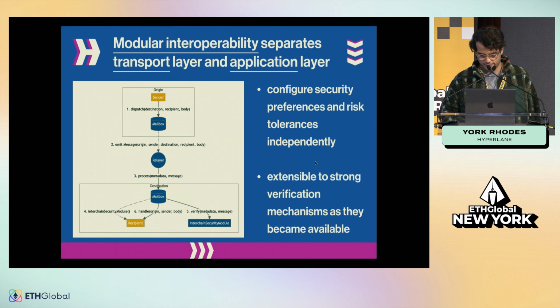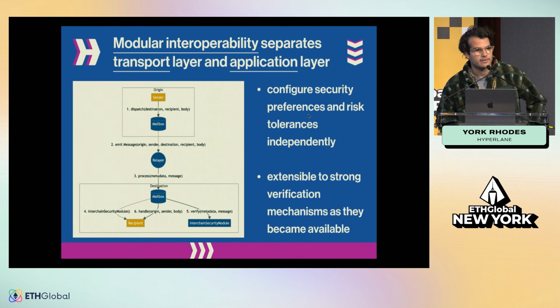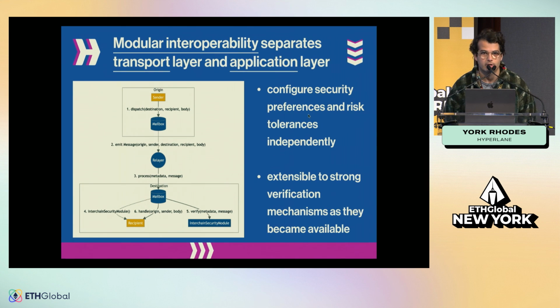Just to zoom in quickly, the security preferences that the application developer can express are actually a function of message content. And something I'm excited about personally is this L2 to L2 interop use case, without forcing users to go through the L1, to have that fast, cheap, and not have to worry about interfacing with the L1 settlement period.